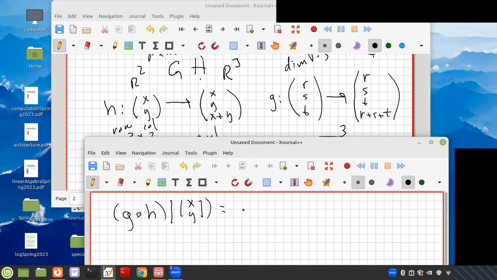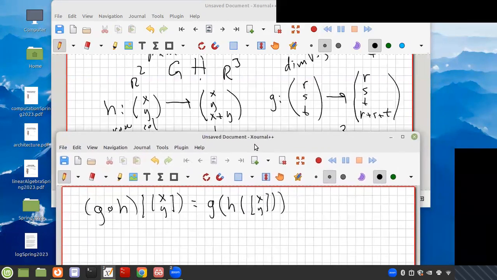Well, what that's going to equal is G of H of X, Y. I've used square brackets here rather than curly ones just because we have the parentheses for the function notation. I don't want them to be too unreadable. Okay. So this is just how composition is defined.